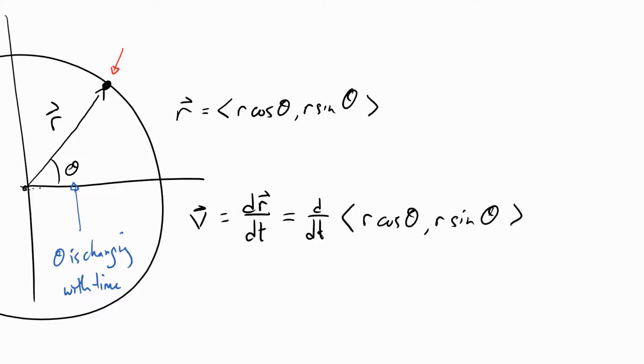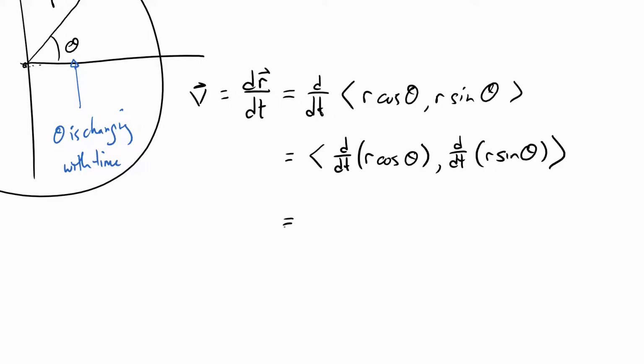The way that we take the derivative of a vector is that it's going to distribute, much like you would distribute something multiplicative, although it's a derivative and only kind of looks like multiplication. The derivative of the x component will be the x velocity, and the derivative of the y component will be the y velocity.